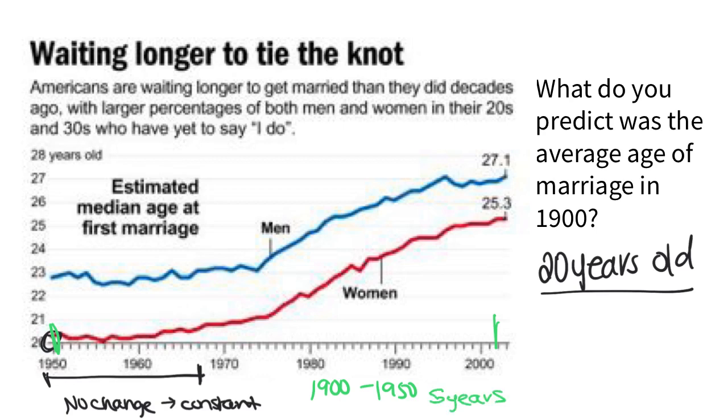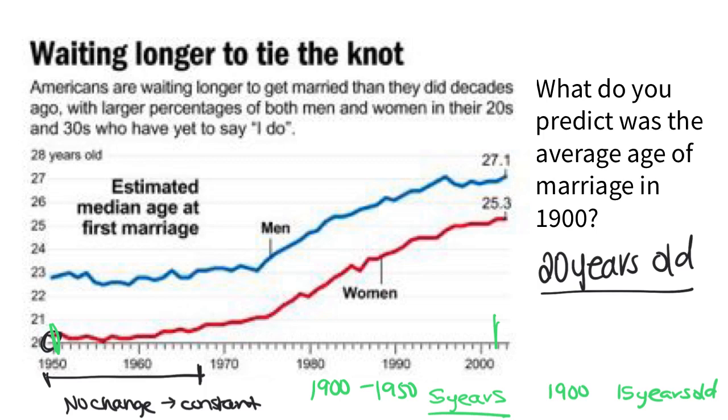So we could say that since in a 50-year time period, from 1950 to 2000, we had a 5-year increase, maybe from 1900 to 1950, we also had a 5-year increase. That would mean that in 1900, the average age of marriage was 15 years old.